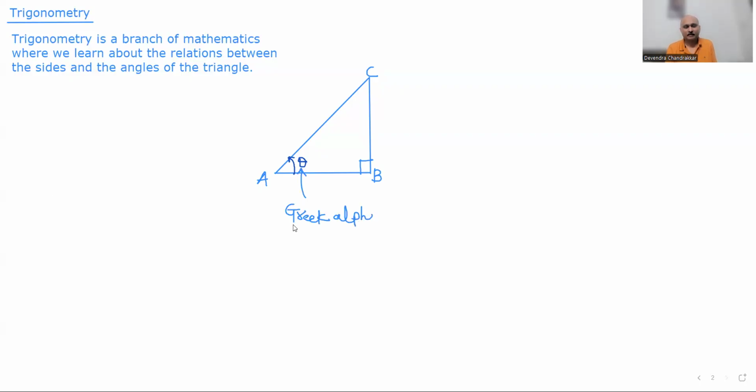Now based on this theta, based on this angle, the sides of the triangle are named.